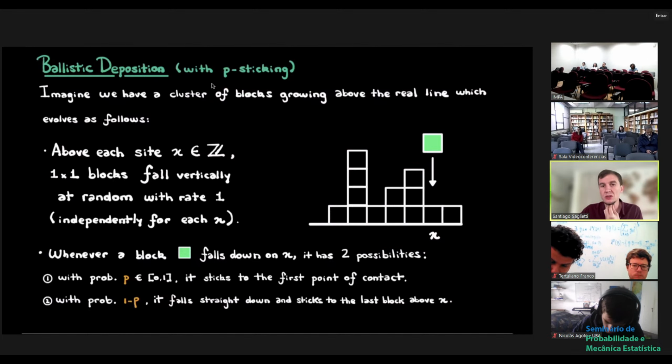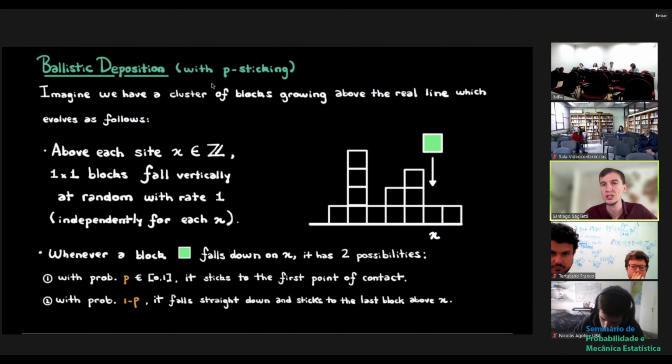And the way the surface is going to grow is that, at rate 1, unit blocks are going to get attached to it. They fall down from the sky and get attached to it, making the surface bigger and bigger. To be more precise, I have the real line, and above each integer site x, I have 1 by 1 blocks falling vertically down at random with rate 1.